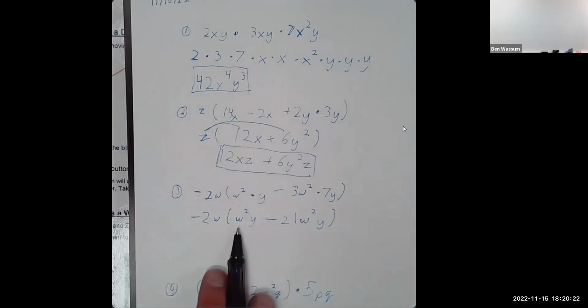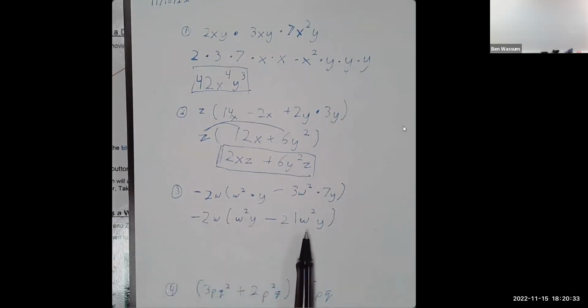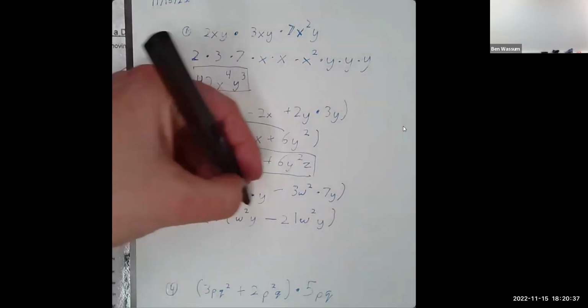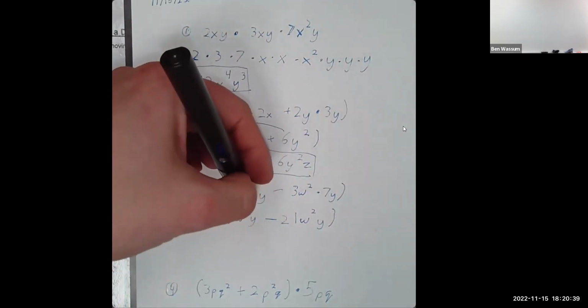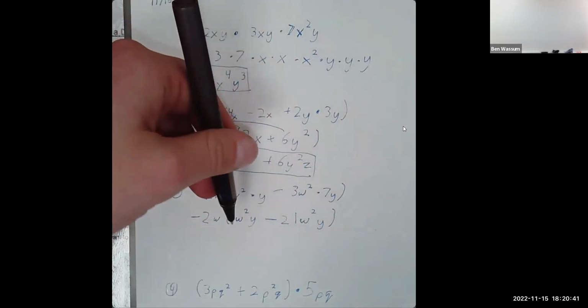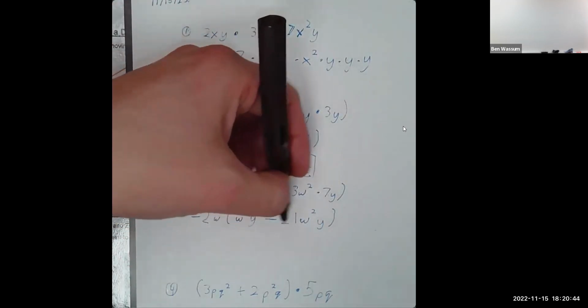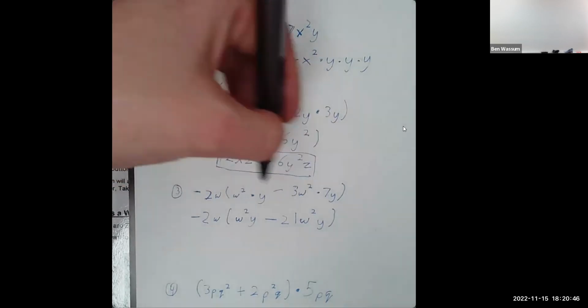Oh, but these are like terms. How are they like terms? Because they have the exact same configuration of variables. This is 2 w's and a y. This is 2 w's and a y. So how would I combine these? Well, I know that there would be a lot of people making this mistake where they would cross out the variables because they would see those crossing out.